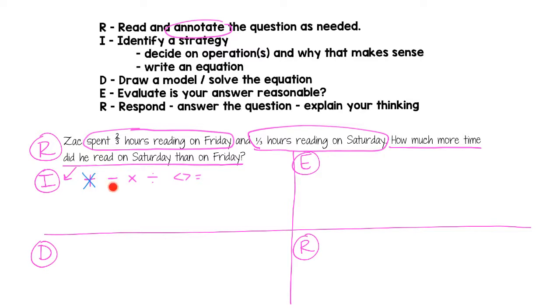Are we going to subtract? Are we going to take away? Does that make sense? 2/3 hours, and then we're taking away 1/3 of an hour? Can he reverse time and take back time that he read? No, that doesn't make sense. Multiply. Are we taking 2/3 hours and he's reading 2/3 hours for every day of the week?